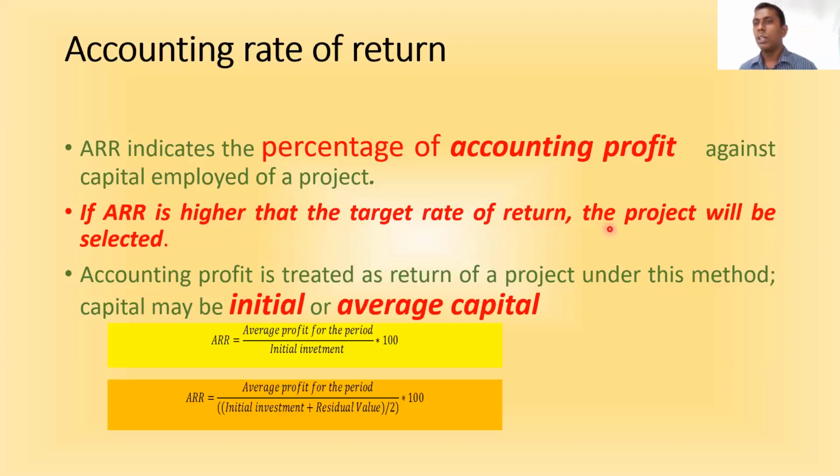It should be higher than the target rate of return. Otherwise, you need to reject the project. Okay, my dear students, look at the next point. Accounting profits are treated as the returns of a project. Under these methods, capital may be initial or average capital. This point is pretty important, my dear students, and therefore I'm going to highlight it.